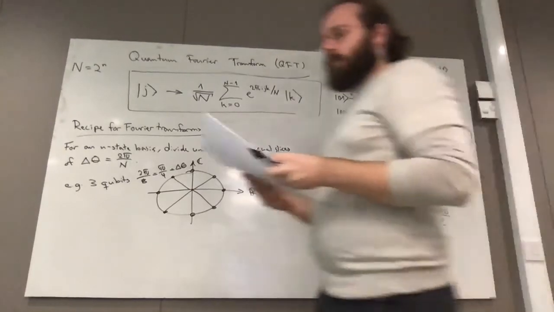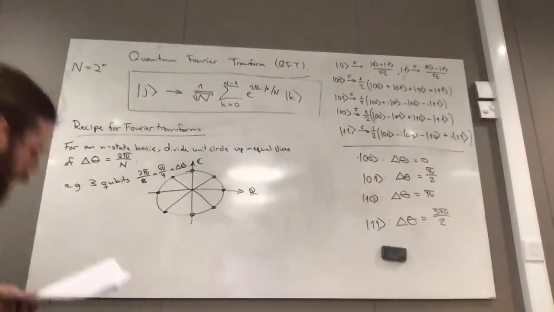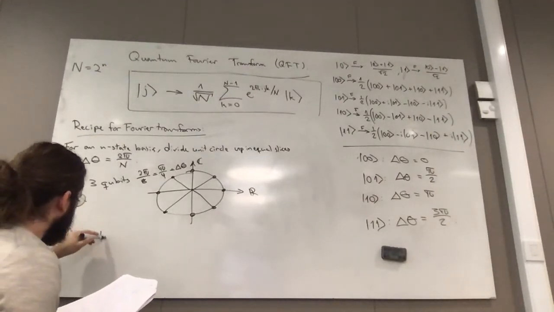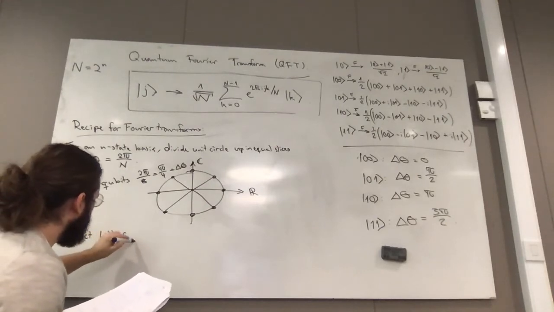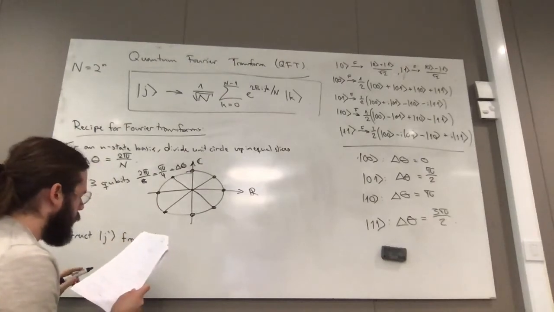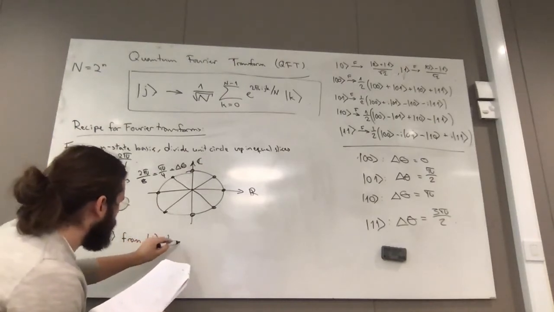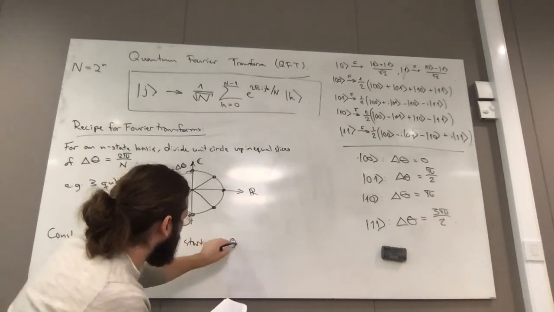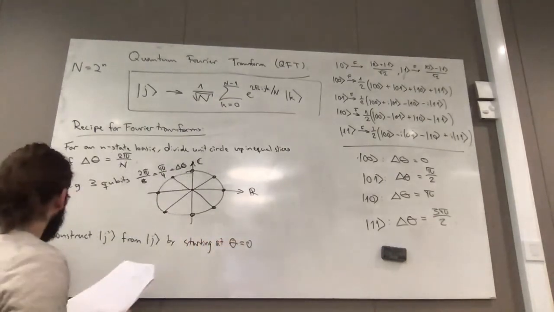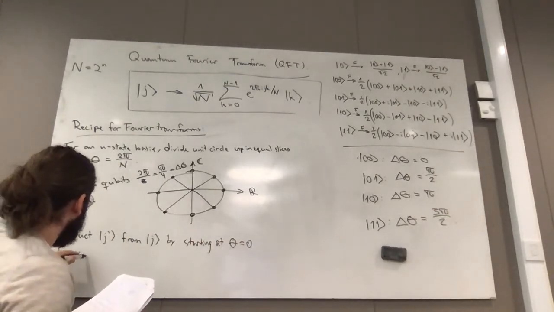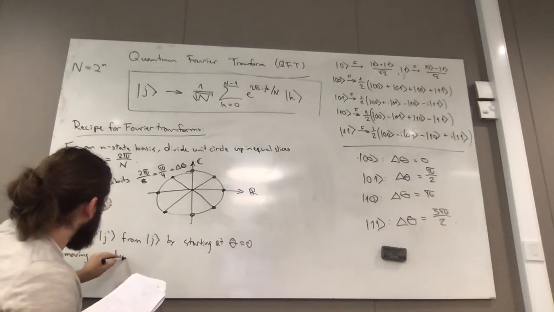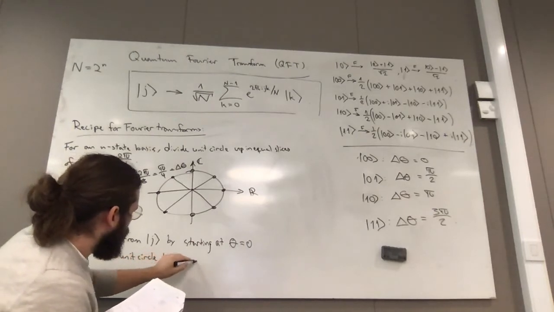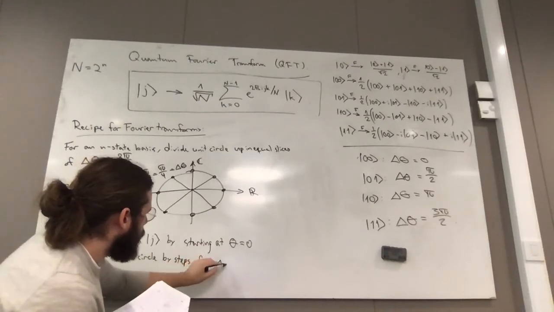So I'll see if I can formulate this. So construct J prime from J by starting at theta equals 0 and moving around the unit circle by steps of J times delta theta.